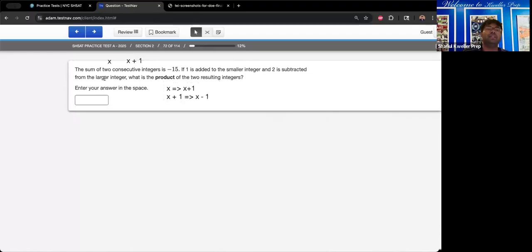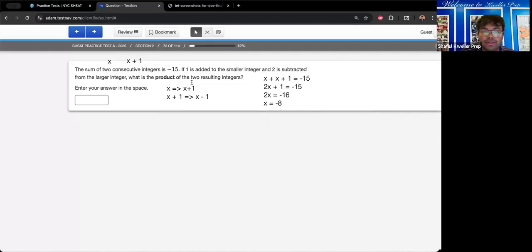First, let's solve for x. The sum of two consecutive integers is negative 15. So x plus x plus 1 is equal to negative 15. 2x plus 1 is equal to negative 15. 2x is equal to negative 16. x is equal to negative 8.